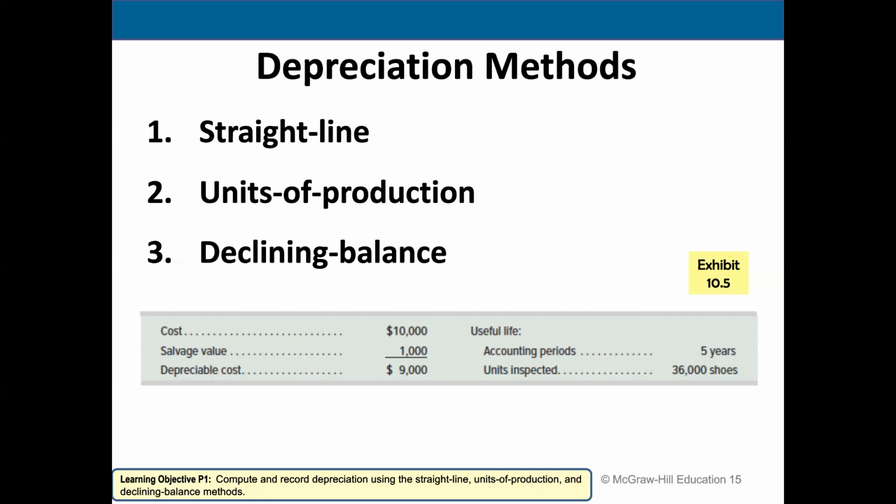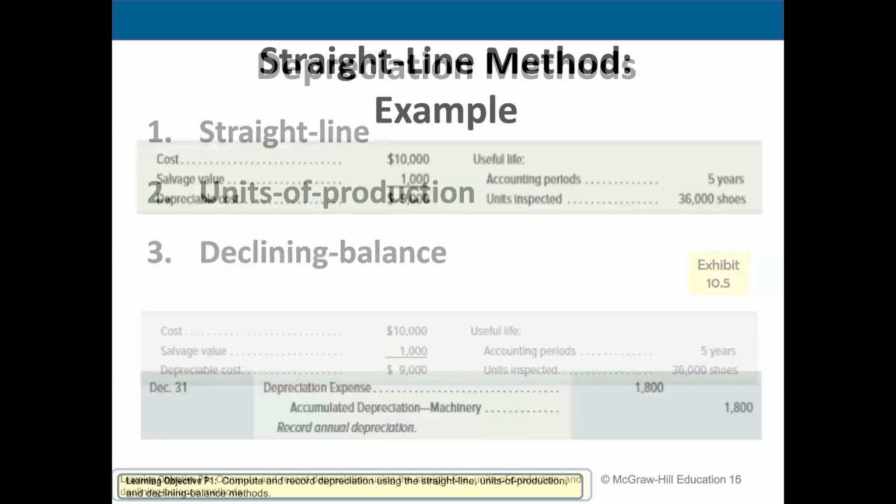We also know that the useful life of our asset is 5 years, and apparently it's some type of inspection machine that inspects shoes. So we also know that over its useful life, it will be able to inspect 36,000 shoes. So there is our asset to use for all of our examples here.